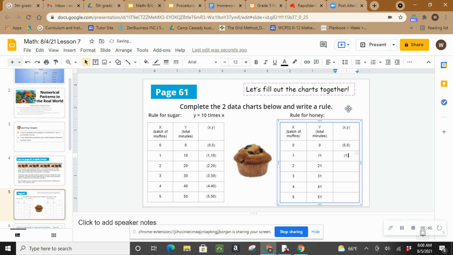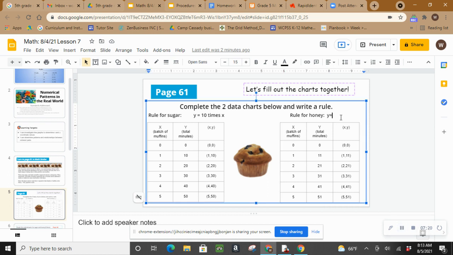All right, so 1 comma 11, 2 comma 21, 3 comma 31, 4 comma 41, 5 comma 51. All right, so that's filled.